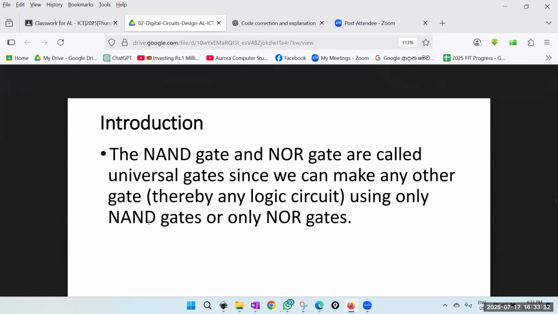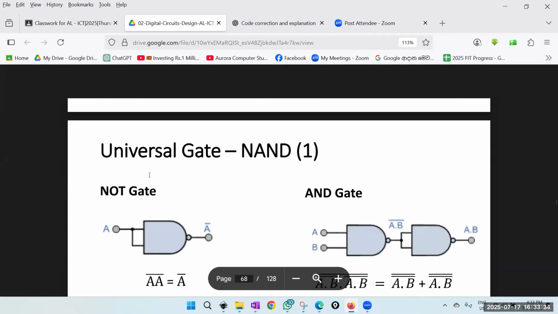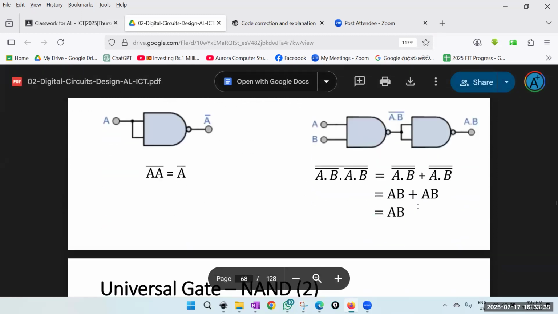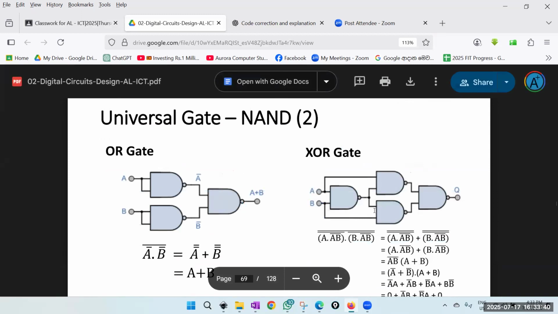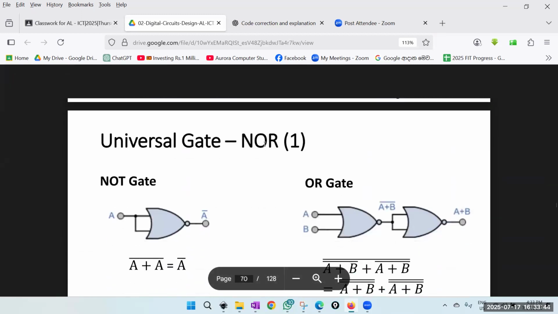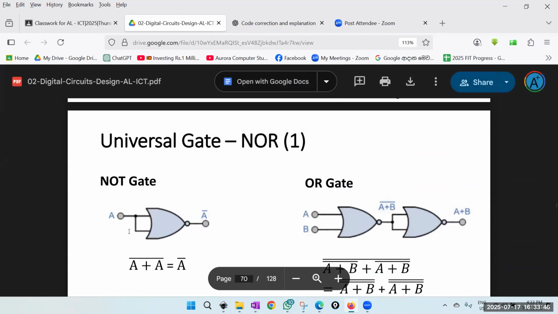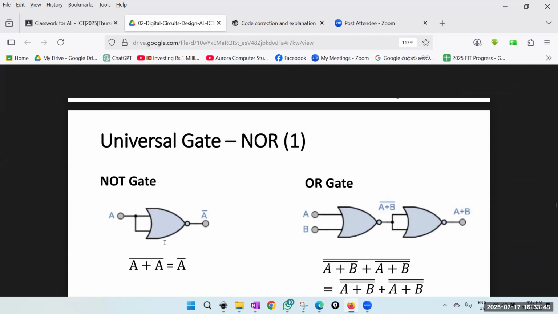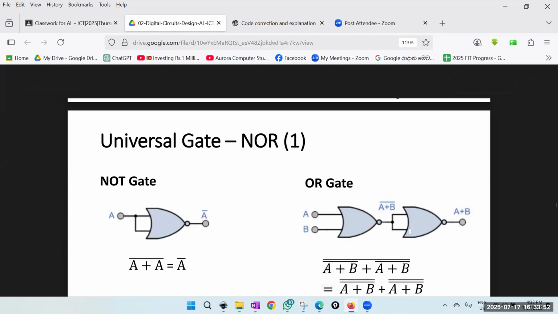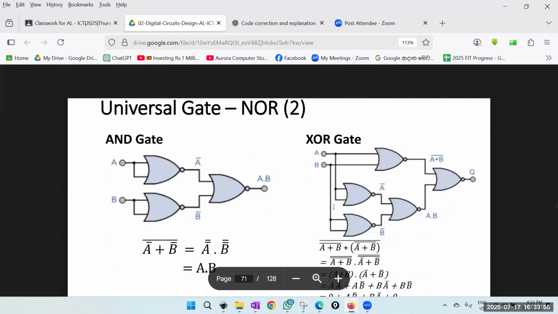NAND gates, NOR gates. From NAND gates, you can get any other gate: NOT gate, AND gate, OR gate, XOR gates. Similarly, using NOR gates also, this is how you create the NOT gate. This is how you create the OR gate, because NOR gate and then NOT it. NOT NOR is OR. And this is how you create the AND gate.